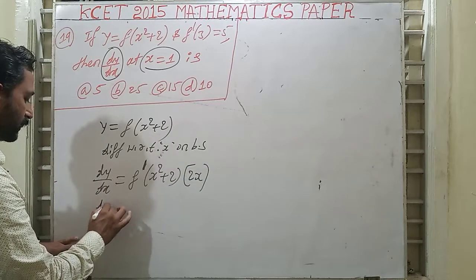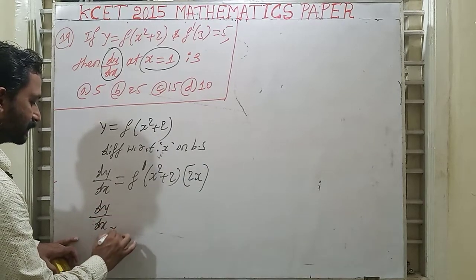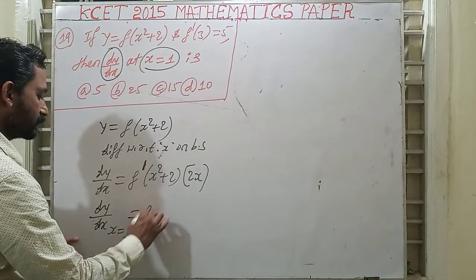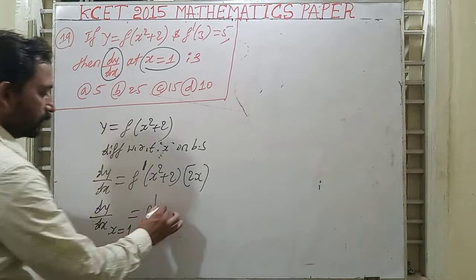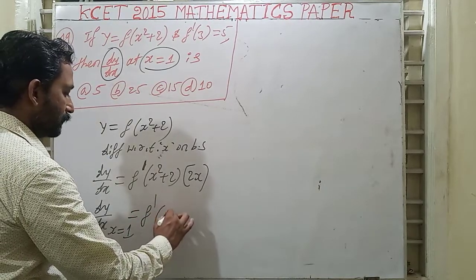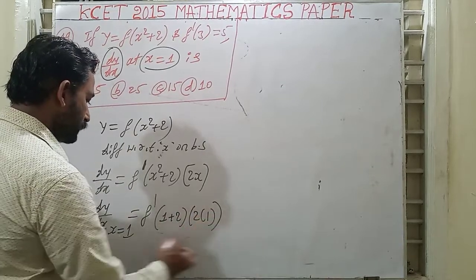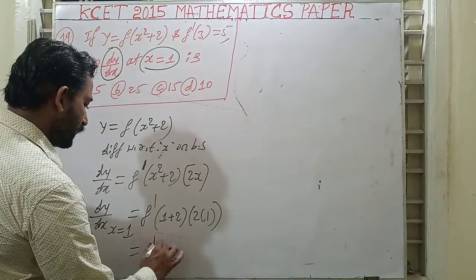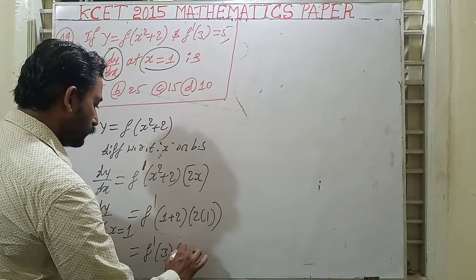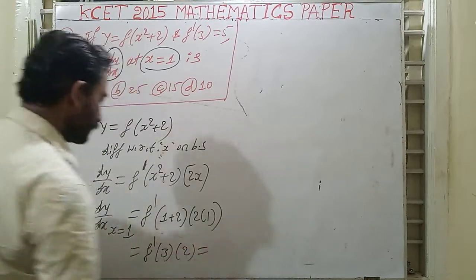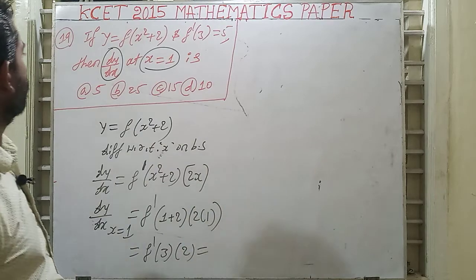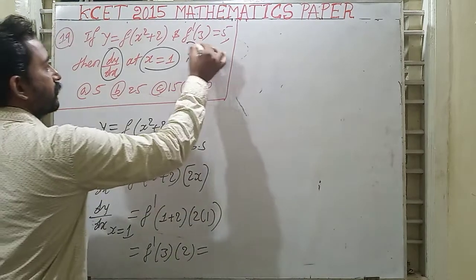Now we have to find dy by dx at x is equal to 1. Put x is equal to 1 on the right hand side. f dash of 1 square, that is 1, plus 2, into 2 into 1. So it becomes f dash of 3 into 2. We know f dash of 3 is given in the question as 5.